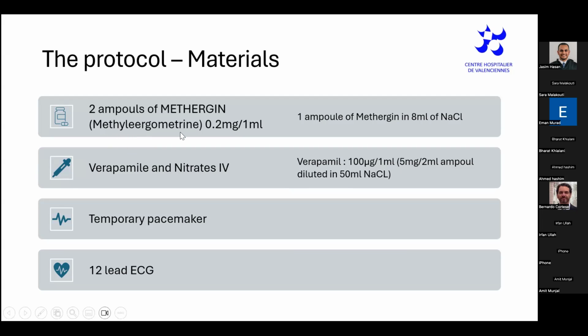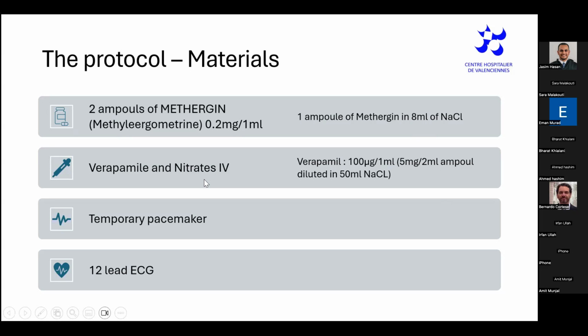It's a medication used in the obstetric setting to control bleeding by vasoconstriction. Since it's easily available, we use that. We take 2 ampoules of Metargin. We put 1 ampoule, which is 1 ml, in 8 cc of sodium chloride.